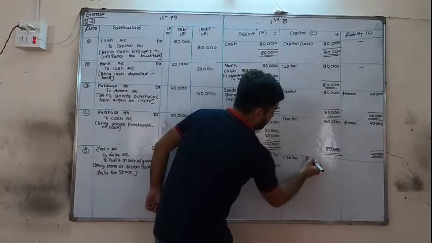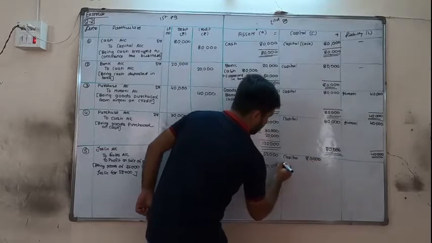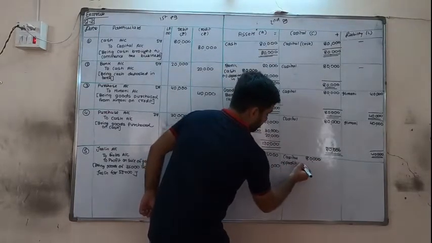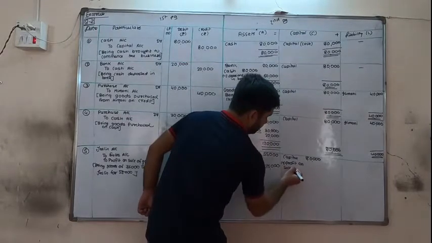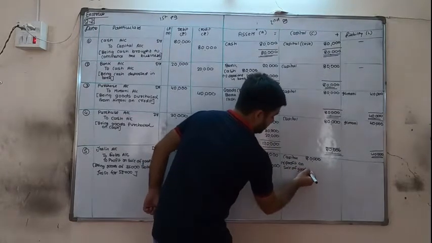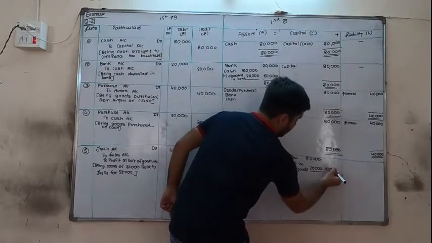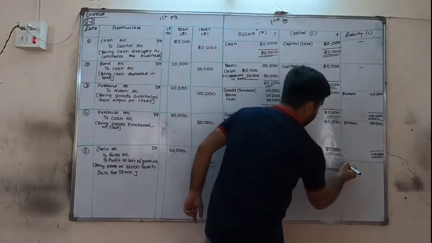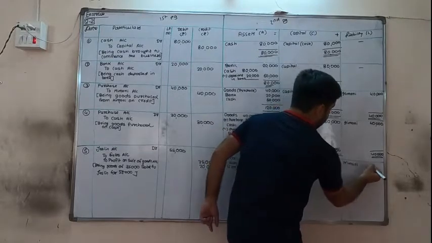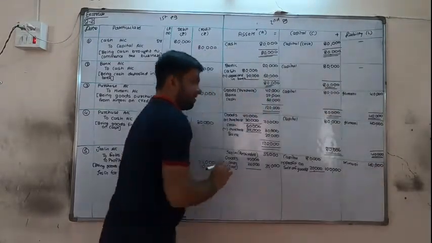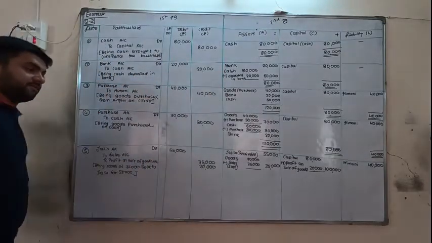So capital previously was 80,000 plus profit on sale of goods 20,000. So now capital would be 1 lakh, and Imani would be the same, 40,000.